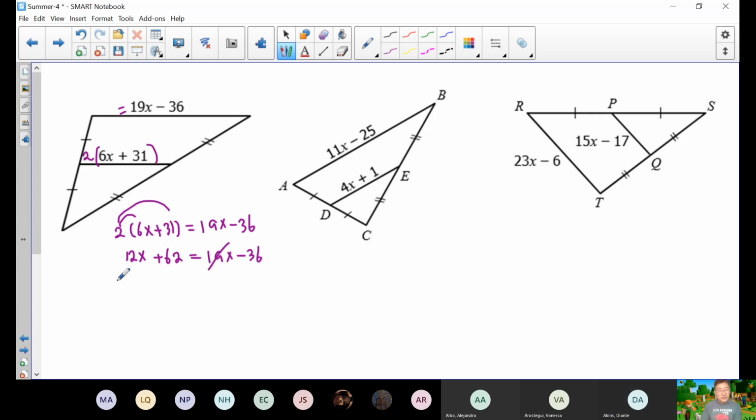I cross out negative 19x, and I cross out negative 62. Let's simplify. This is a negative 7x, and this is a 98, with a negative, right? So x equals, you divide by negative 7, right? It gives you 14. If you have a calculator, it's not a big deal at all.